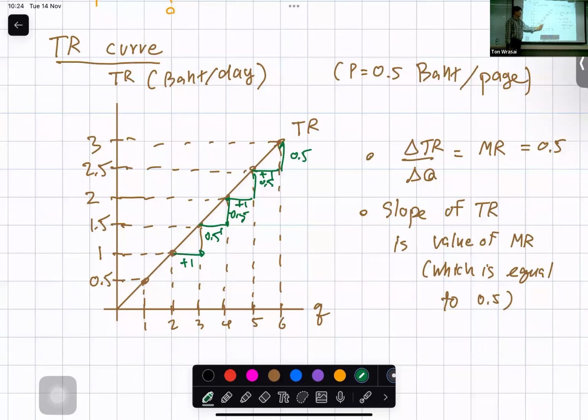This is about rate of change, it's about slope. The rate of change is constant: always when he sells one extra page, he gets 0.5 baht per page.